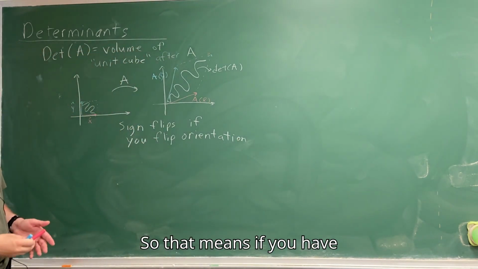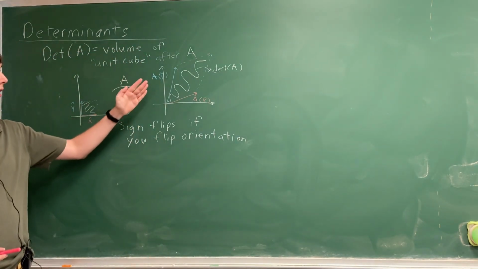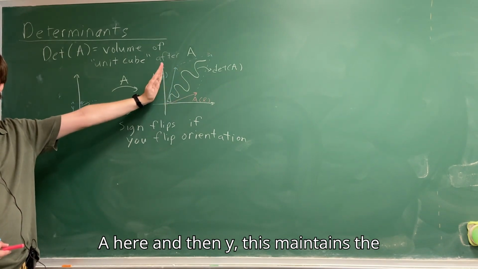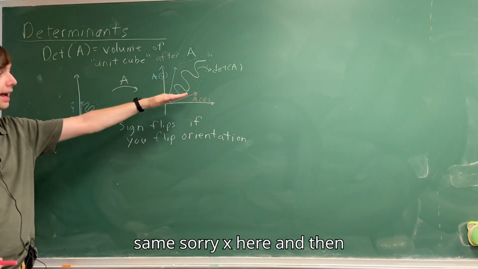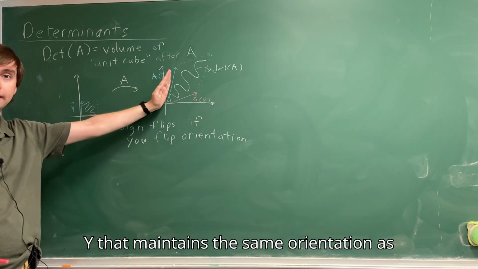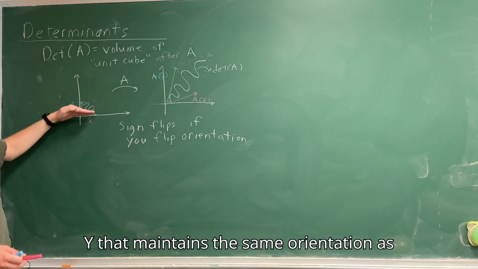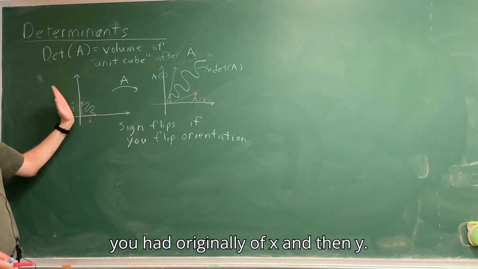So that means if you have x here and then y, this maintains the same orientation as you had originally of x and then y.